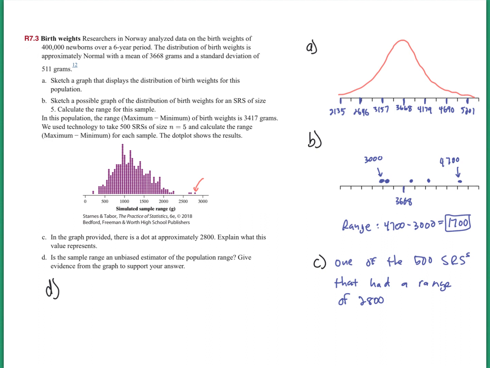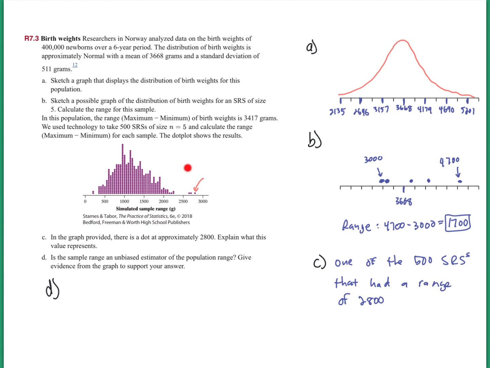Okay, so here they say in this population the range is 3,417. So for us, the mean should be the same, but it's not. Right, the population range was 3,417 grams.